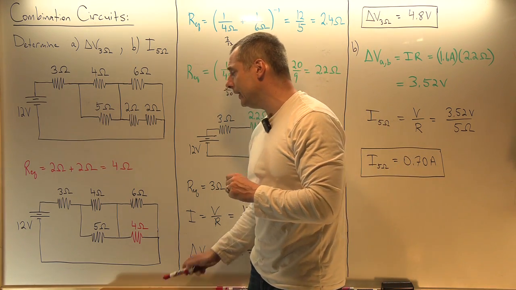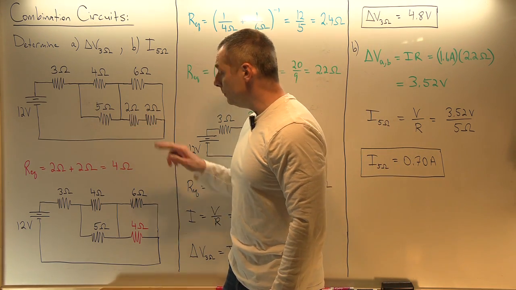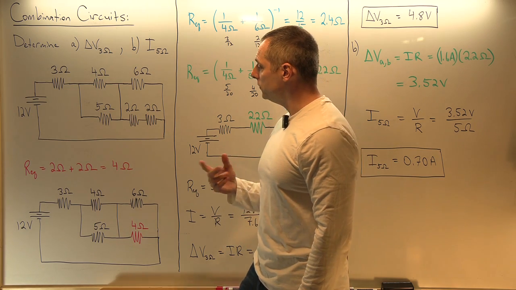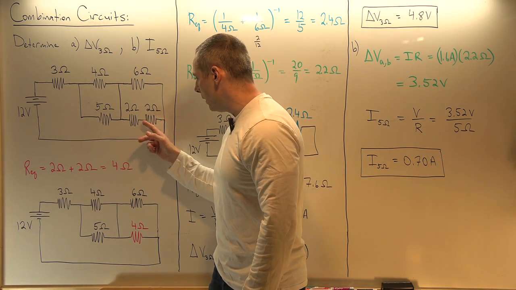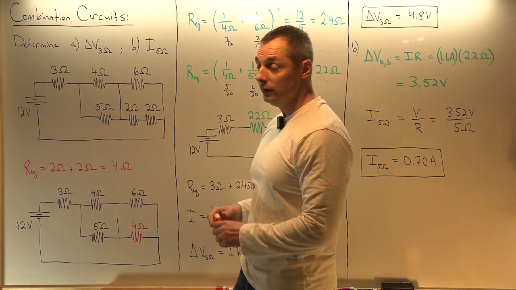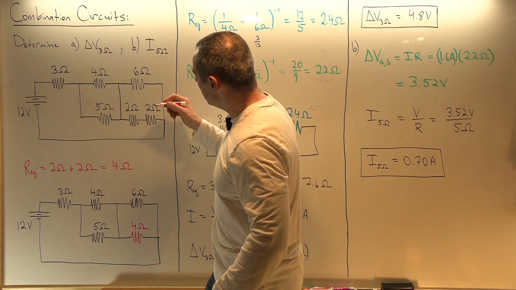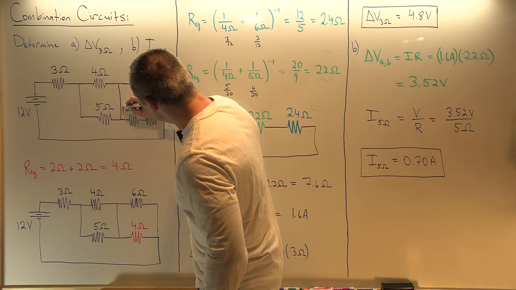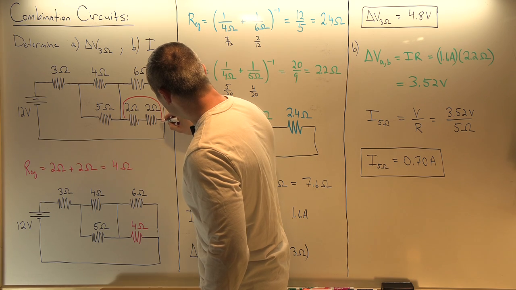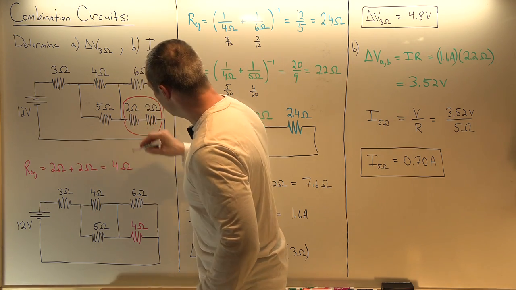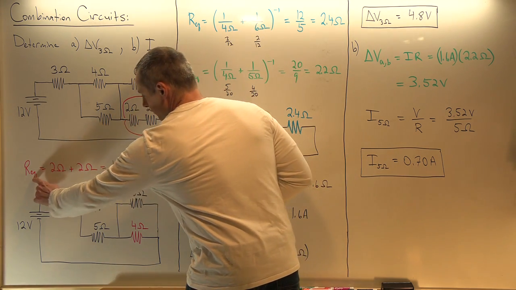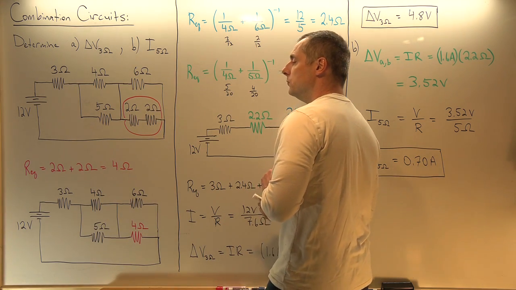The only way to begin here is with these two and realizing that they're in series. Every single electron that passes through one has to pass through the other. There's nowhere else for it to go. So what we'll do is we'll apply the series resistor rule to these 2 resistors right here. And so we just simply add them together to get 4 ohms.